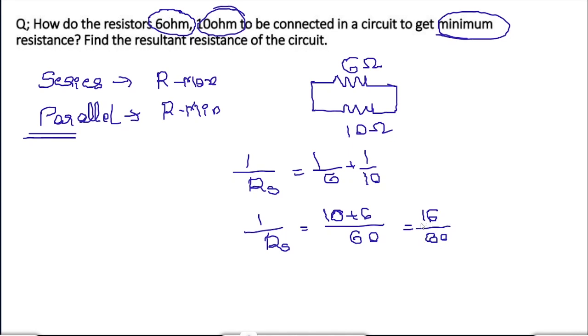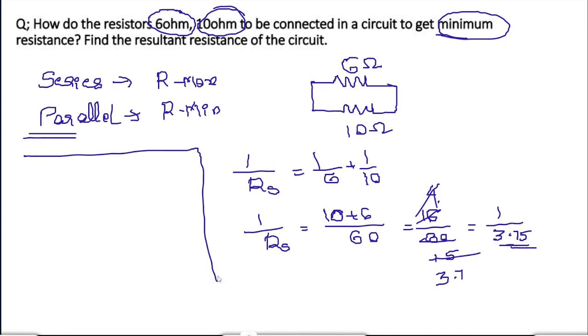If you cancel, you get 1 by 3.75, because 4 fours are 16 and 4 fifteens are 60. So 1 by Rs equals 1 by 3.75.